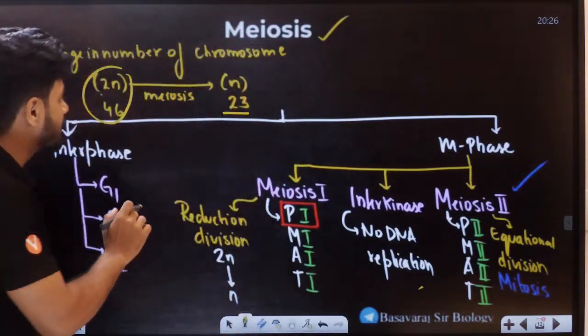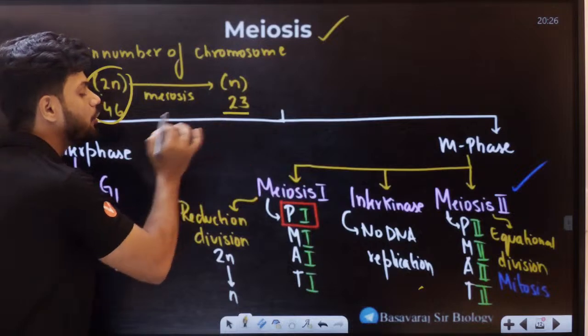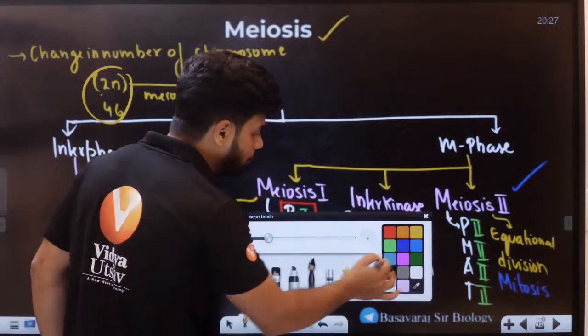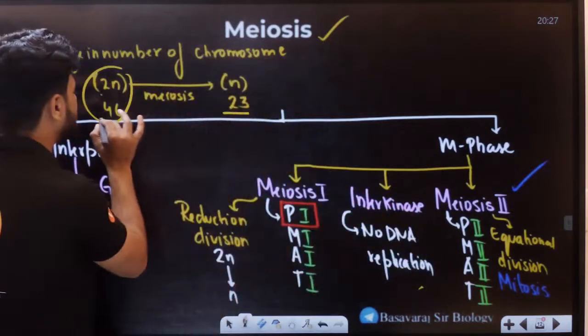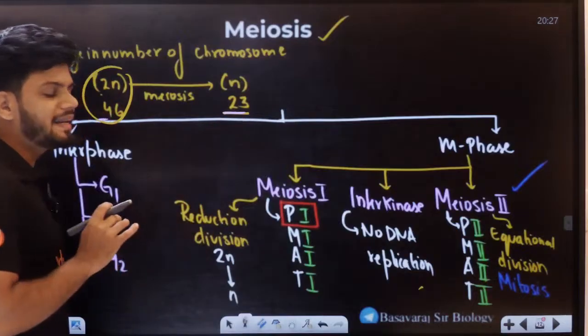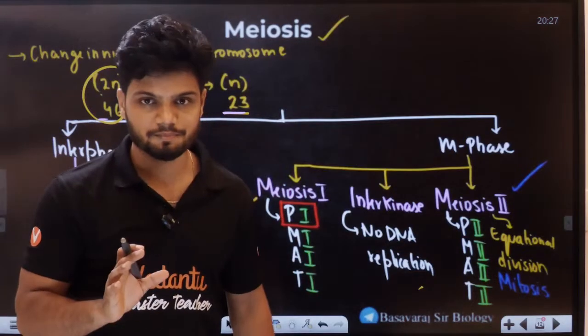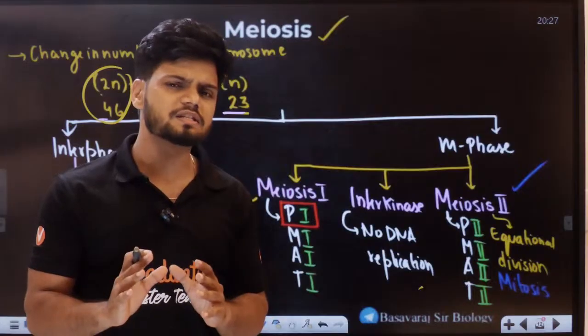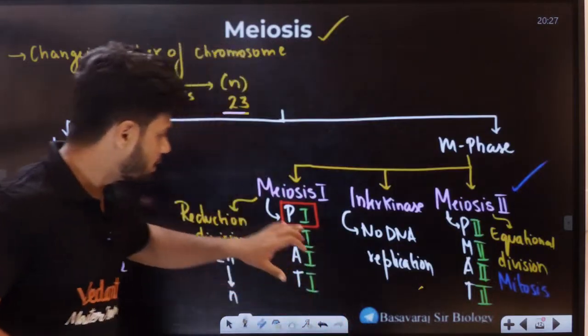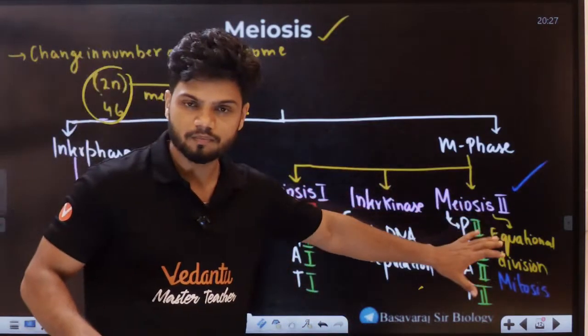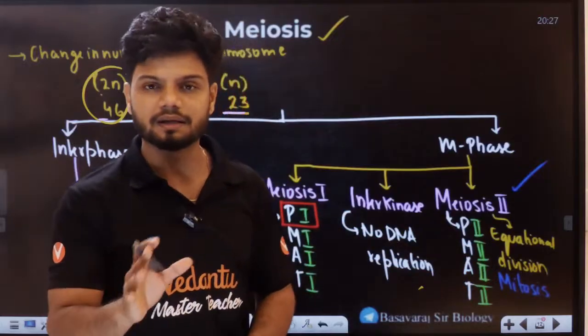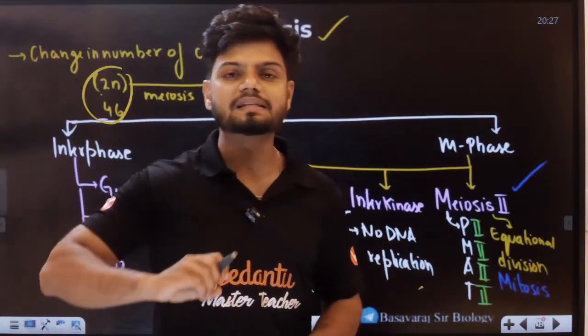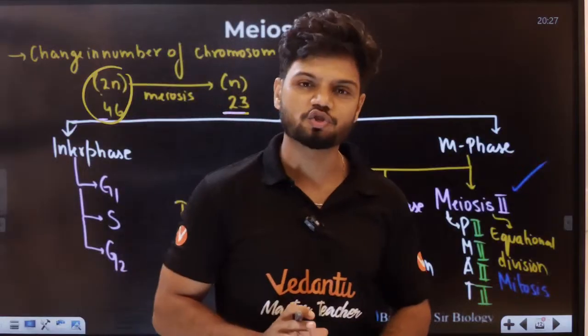A diploid cell is getting converted to a haploid cell. That is exactly what happens in meiosis. And the entire meiosis is divided into 2 parts: meiosis 1 and meiosis 2. Do not worry, students, you will learn this in the entire chapter, Cell Cycle and Cell Division, eventually.